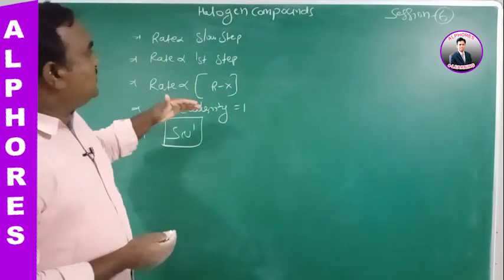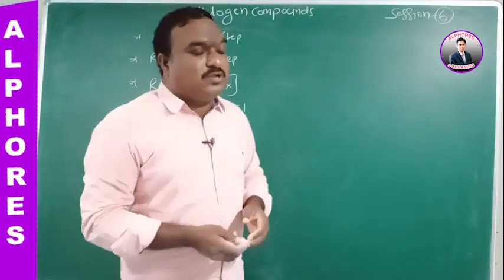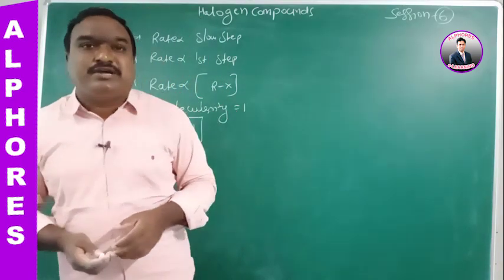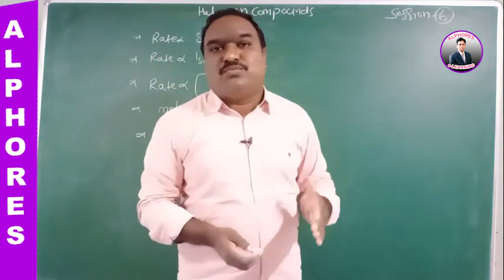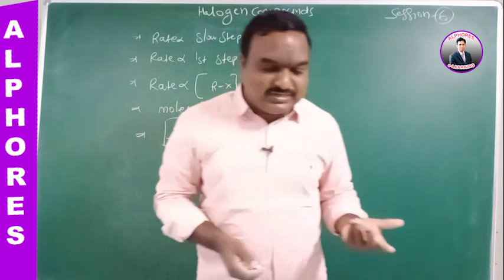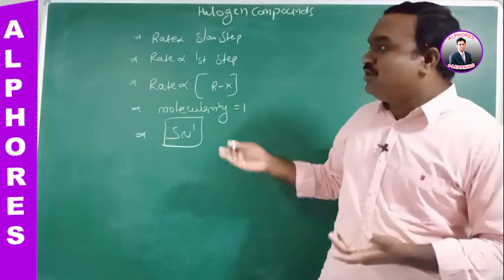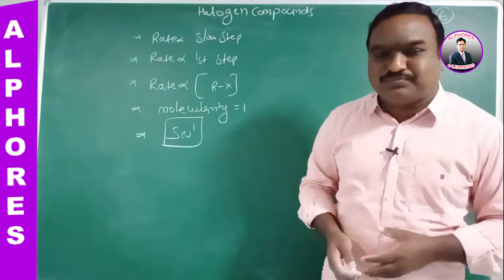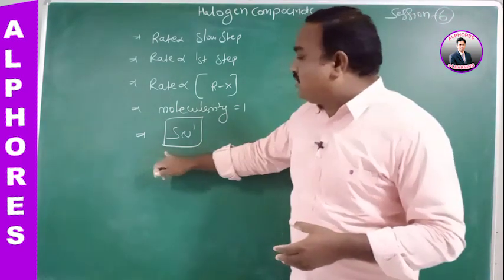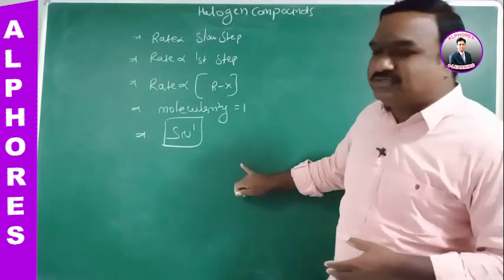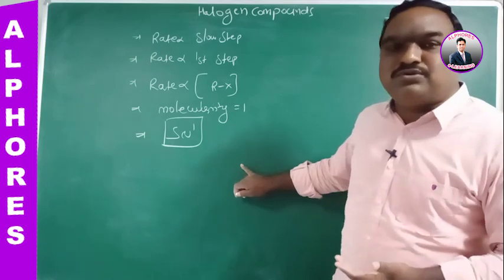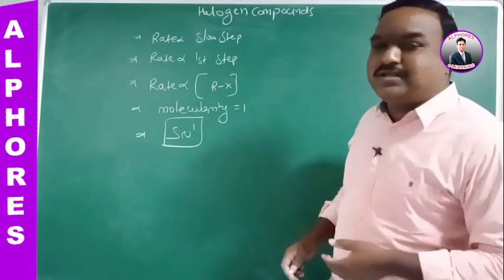If you check the reactivity order of unimolecular nucleophilic substitution reactions, tertiary alkyl halides have more reactivity when compared to secondary. Secondary is more when compared to primary. Primary is more when compared to methyl halides. In these reactions, rearrangement is possible due to the presence of the carbocation intermediate.